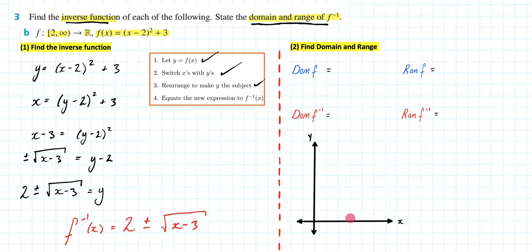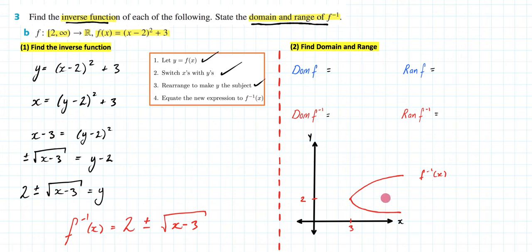If I was to draw this, I know that it is a square root graph, and this minus 3 is telling me it shifted 3 in the positive x direction, and this 2 is telling me it shifted up in the positive y direction. So it will be here, and then it's going to have a plus and a minus. So this is my inverse at the moment.